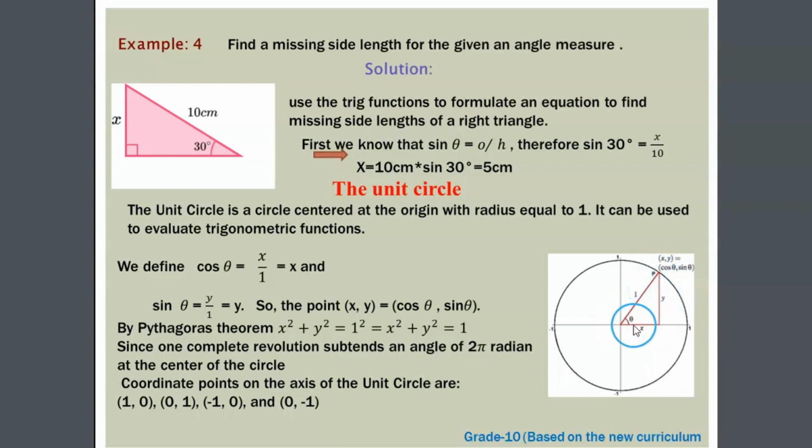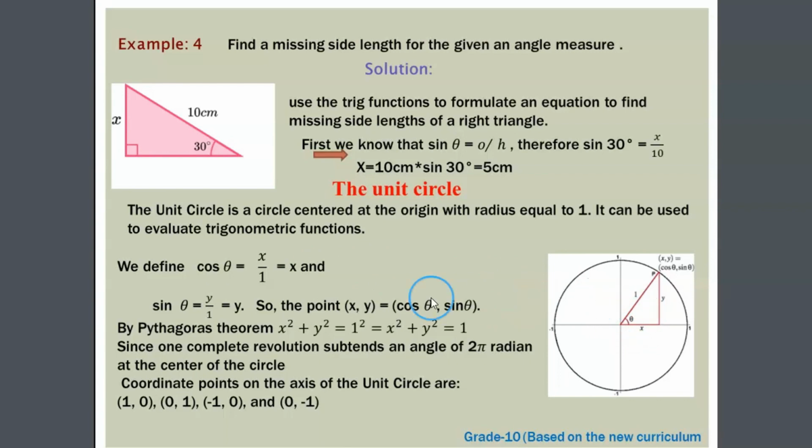This is an angle theta, this is x, this is y, and this is the hypotenuse or the radius of the circle, yeah? Its magnitude is how much? It is 1, the radius.